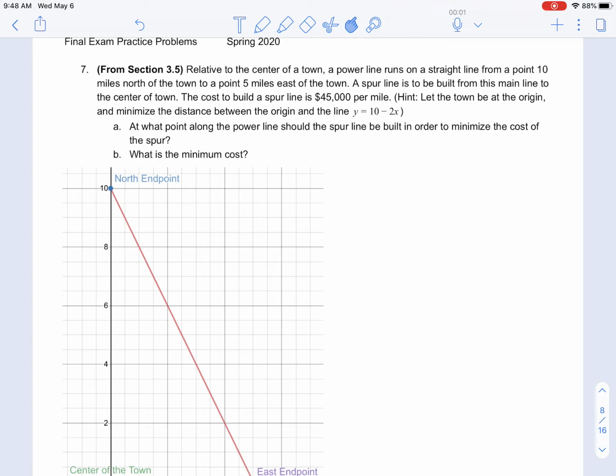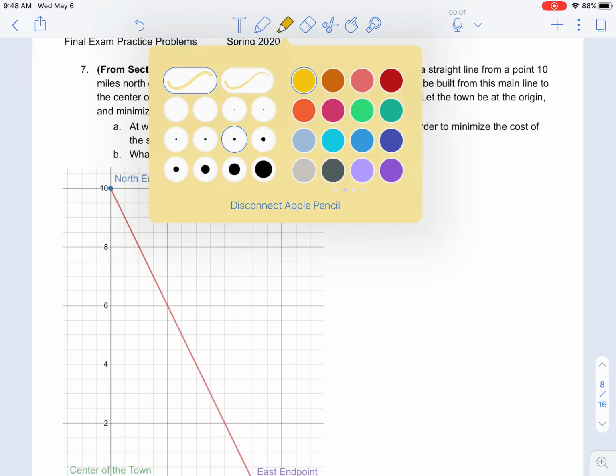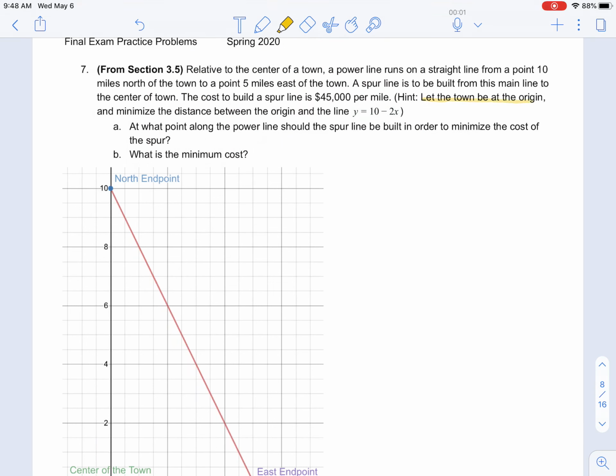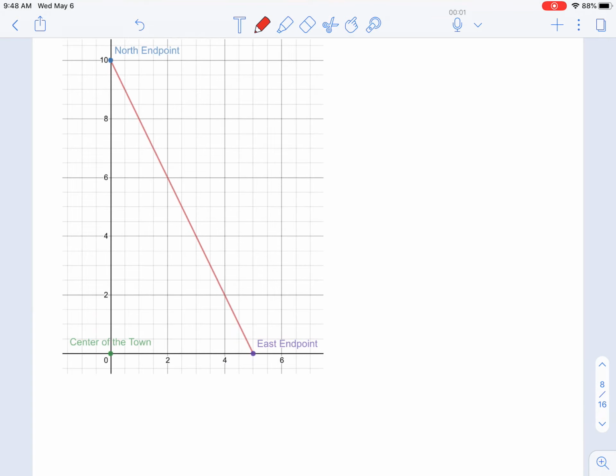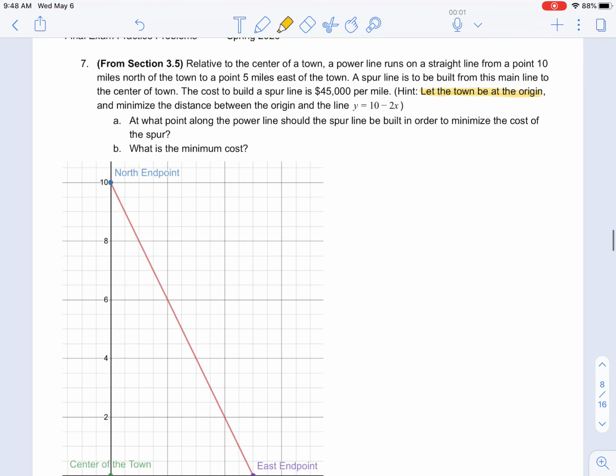So relative to the center of a town, a power line runs on a straight line from a point 10 miles north of the town.